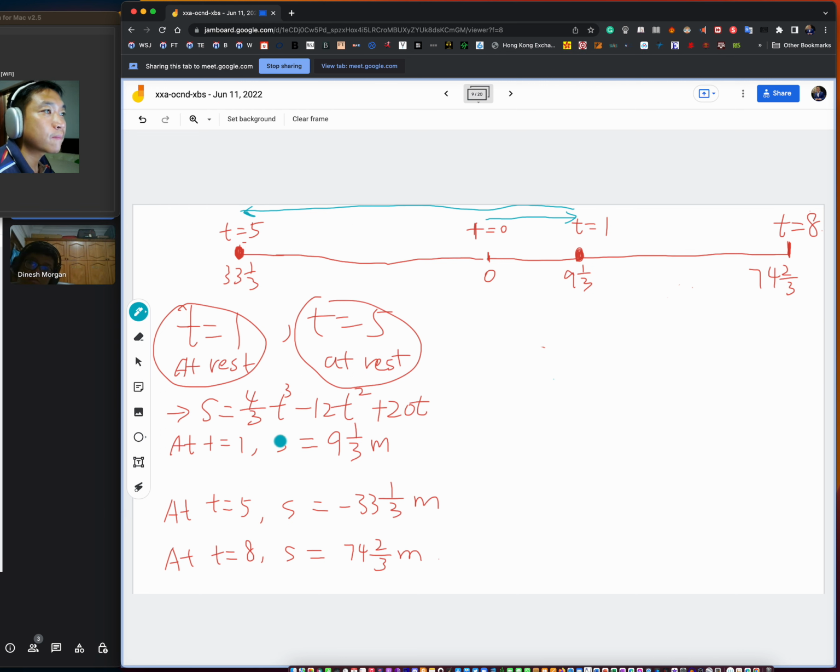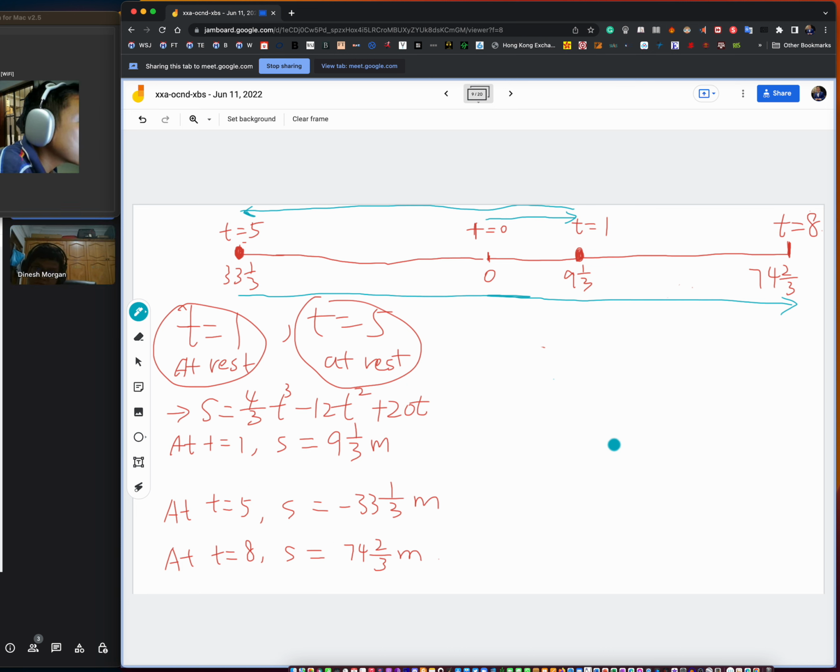And then between t equals 5 and t equals 8, it goes all the way back to the origin, and then extends to this. Do you agree this is the trajectory, the total distance traveled by the particle?